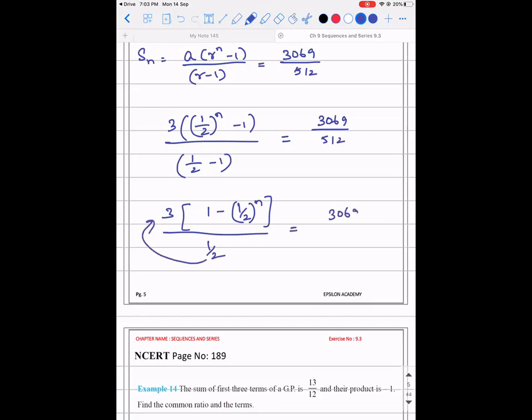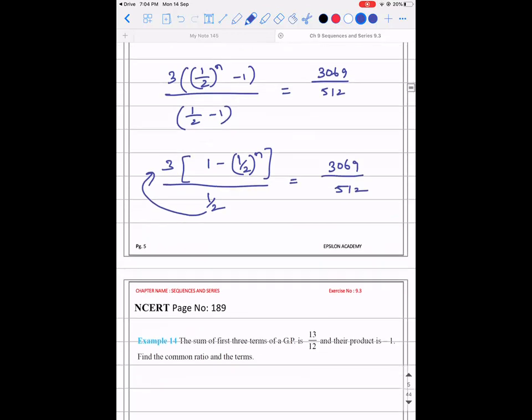It will be 3069 divided by 512. Right. So this 3 and 3069 will get cancelled how many times? 1023 times. So 1 minus half to the power n is equal to 1023 divided by 512. You will have a 2 here. This 2 will go and get multiplied here.